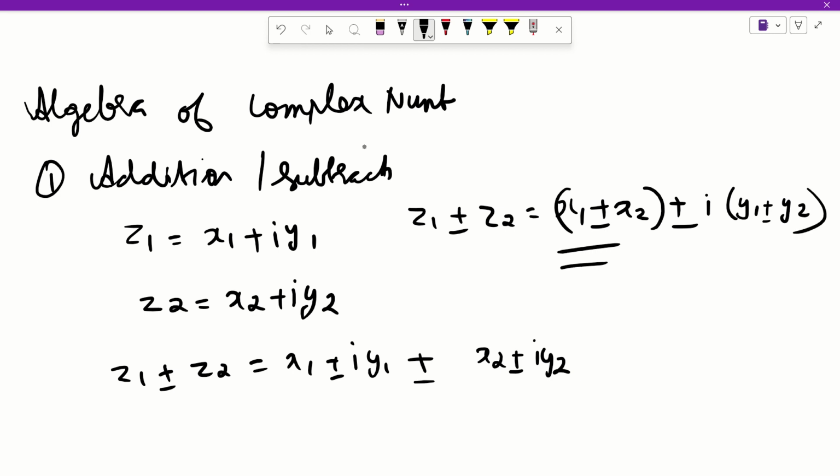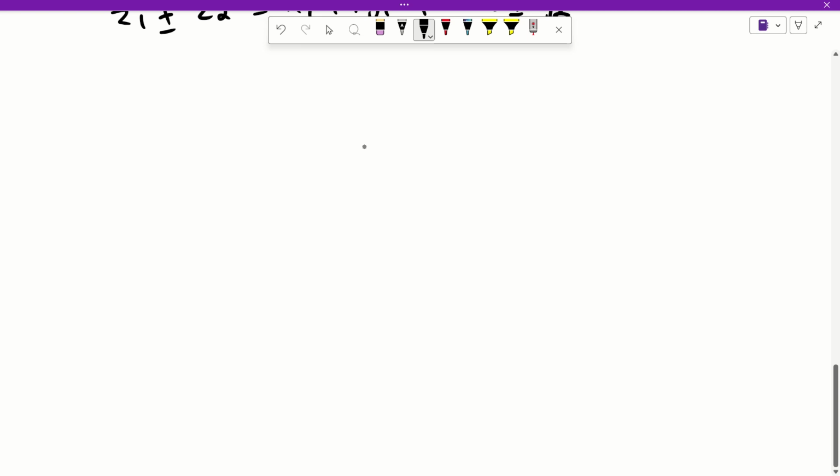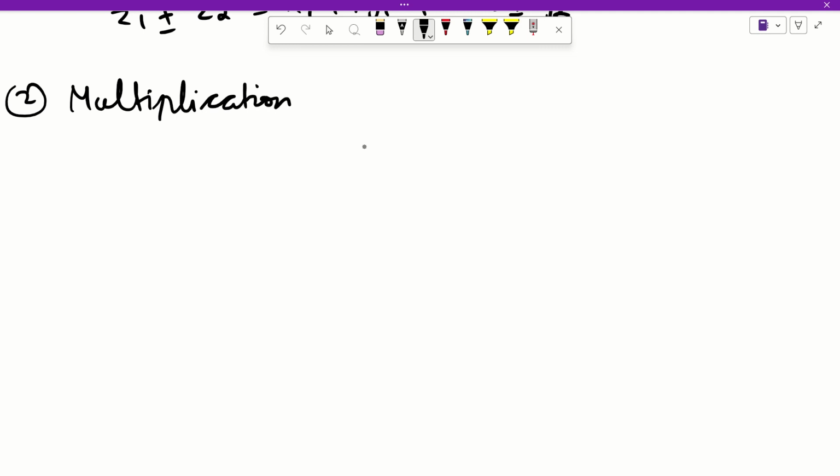Now let us discuss multiplication of two complex numbers. As we know, Z1 is x1 plus iy1 and Z2 is x2 plus iy2. Then Z1 into Z2 is equal to x1 plus iy1 into x2 plus iy2.